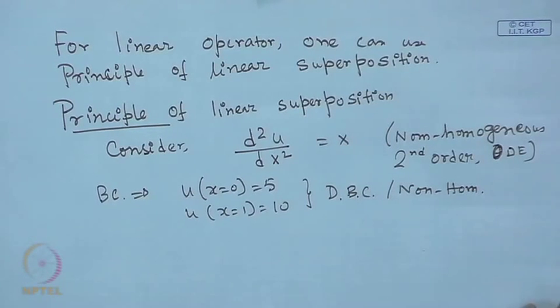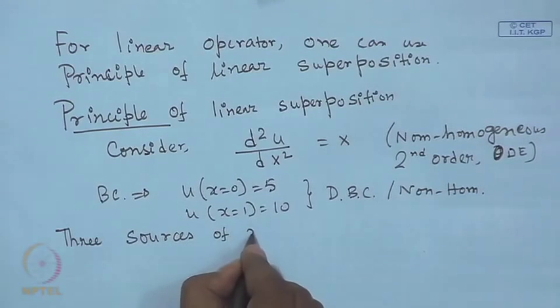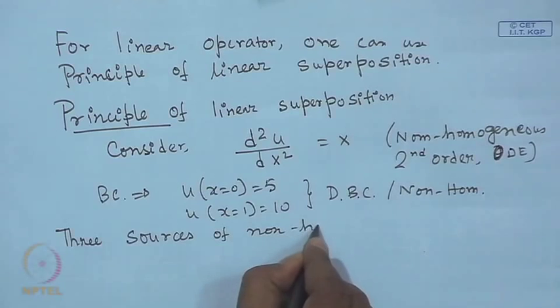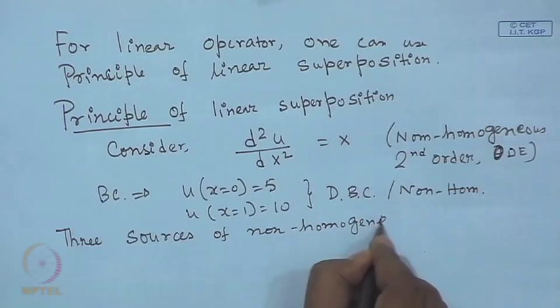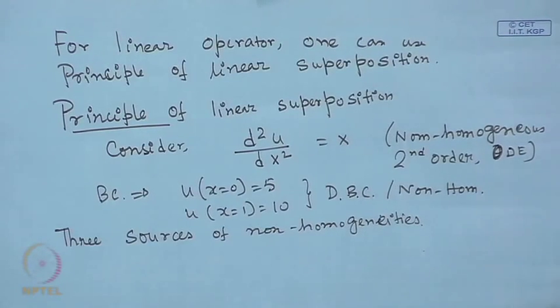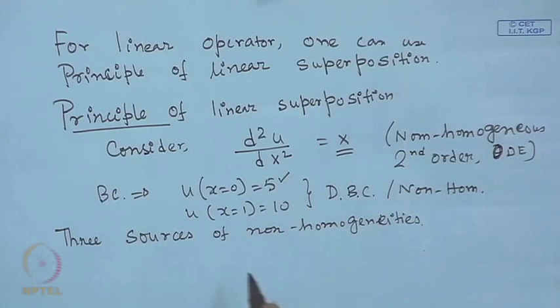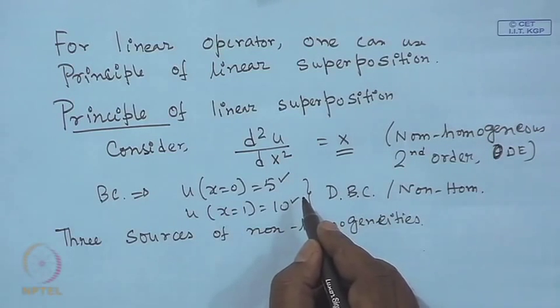So, now there are three sources of non-homogeneities in this particular problem. One non-homogeneity is occurring at the differential equation, another second non-homogeneity is occurring in the first boundary condition, the third non-homogeneity is occurring at the second boundary condition.